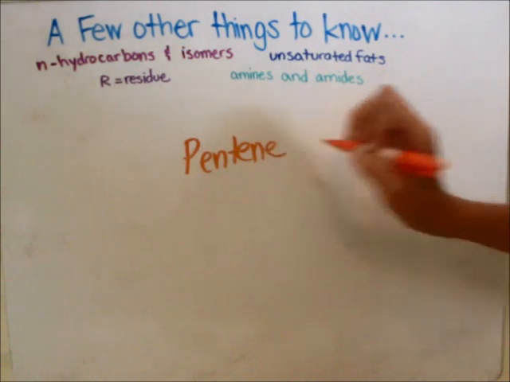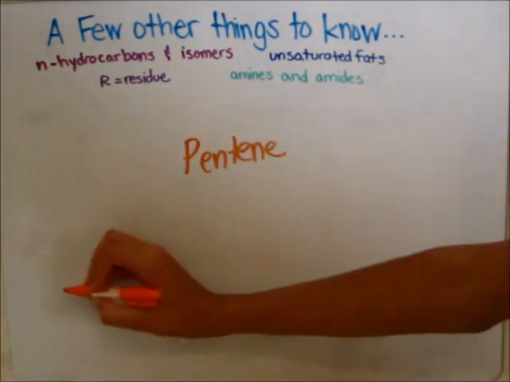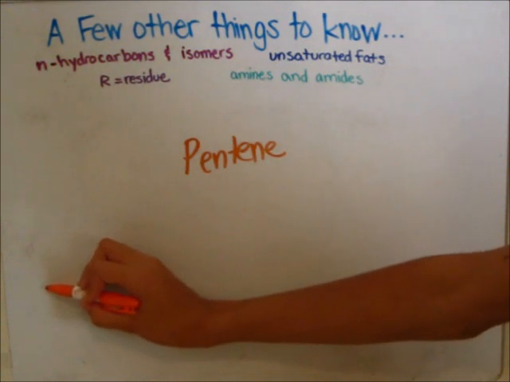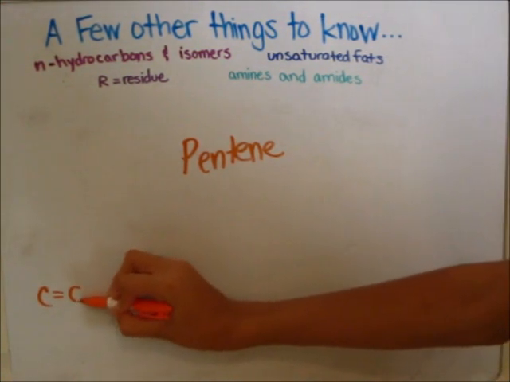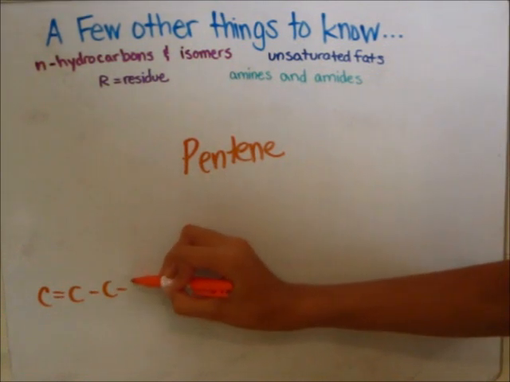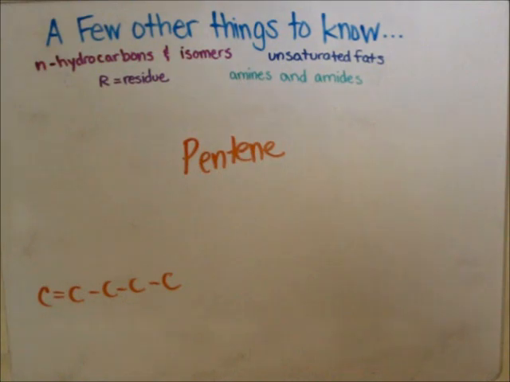Pentene. So let's just draw a normal pentene, which would be C and then a double bond because of the E-N-E. And there's 5 carbons. So that's the simplest way.